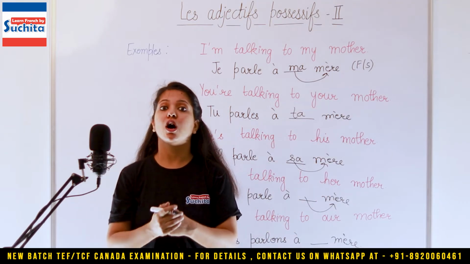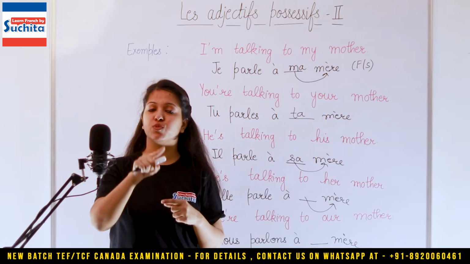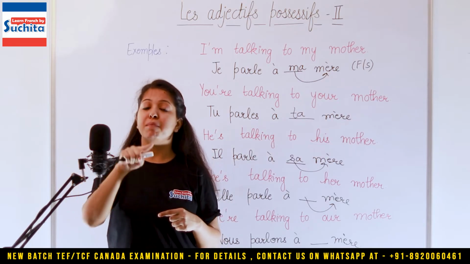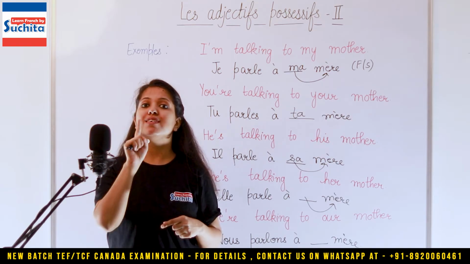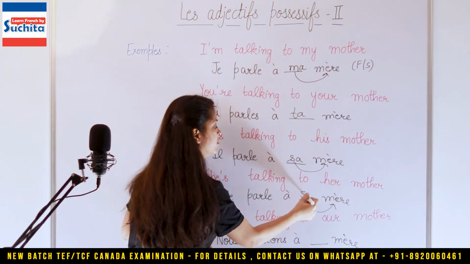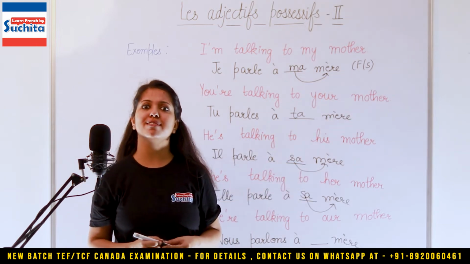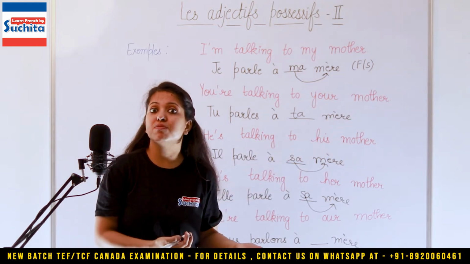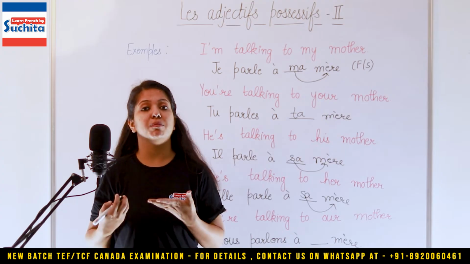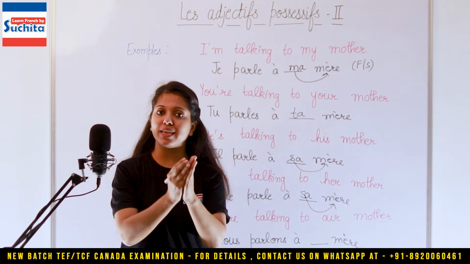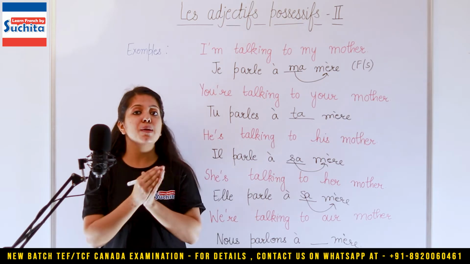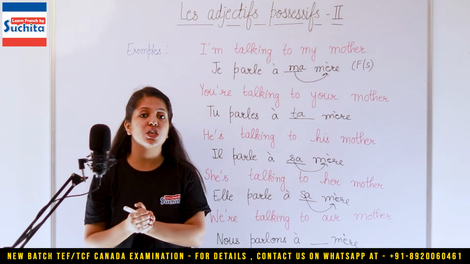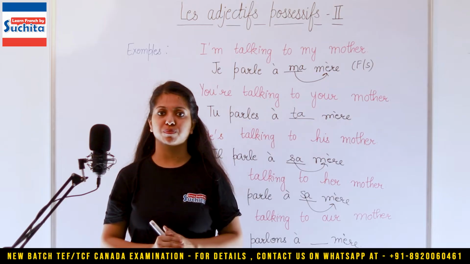Féminin singulier. That would be sa. So if I say sa mère, that can be his mother as well as her mother. If you say il parle à sa mère, he is talking to his mother. But if you say elle parle à sa mère, that would be she is talking to her mother.